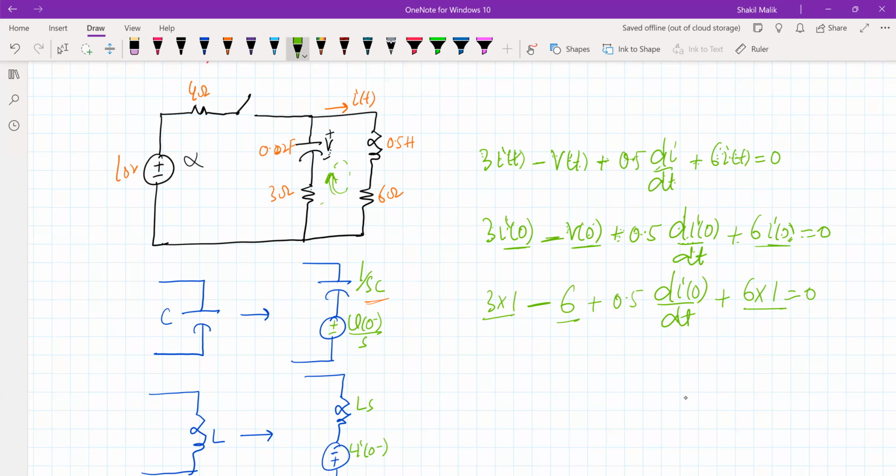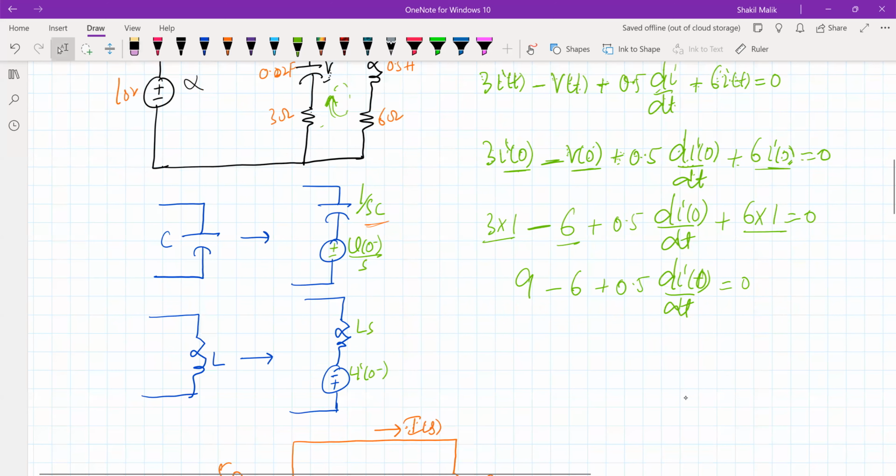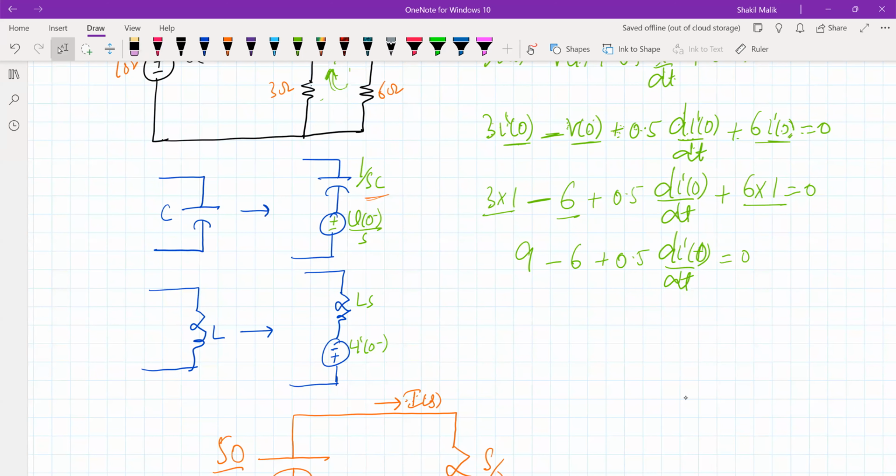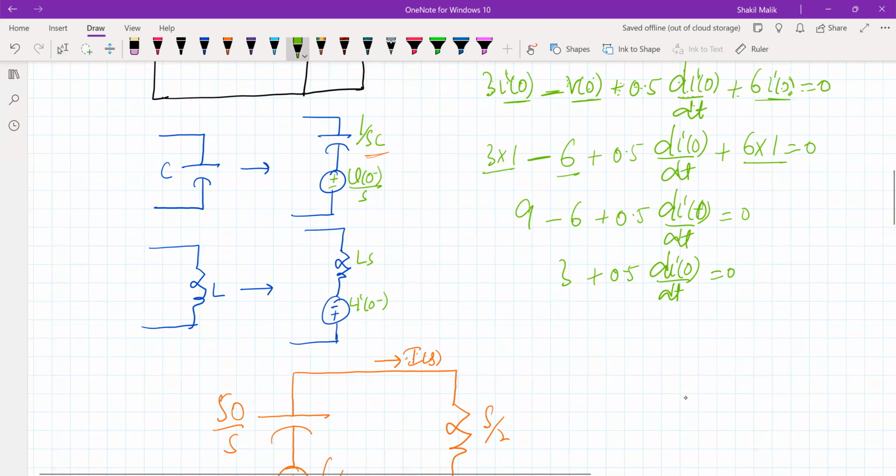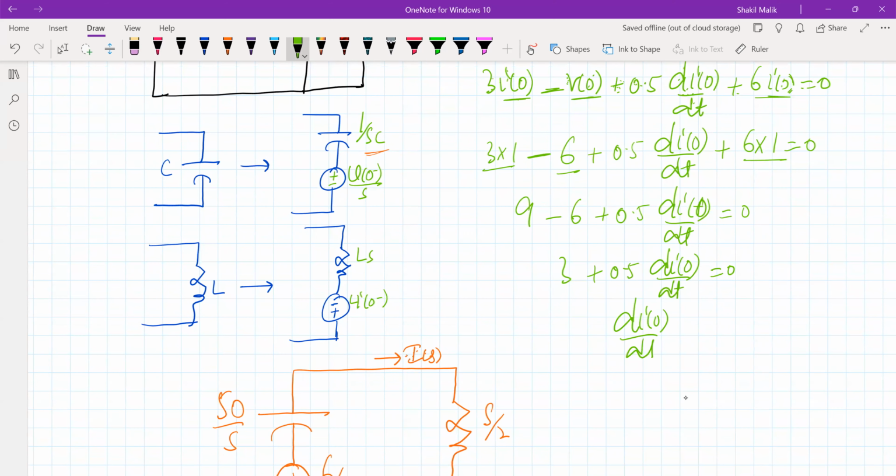So it is 3 plus 6 is 9 minus 6 plus 0.5 di 0 by dt, and we don't know the value of di 0 by dt. So this will be 3 plus 0.5 di 0 by dt, this is equal to 0. That means di 0 by dt is equal to minus 3 divided by 0.5, that's equal to minus 6 amperes per second.